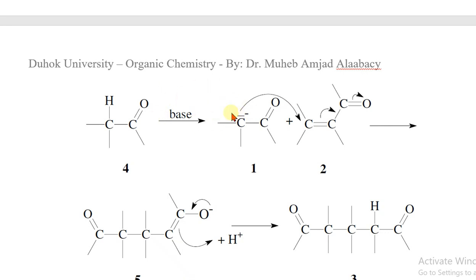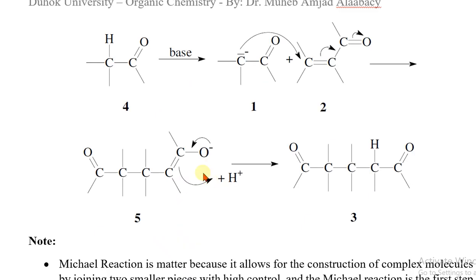The carbanion 1 is added to this carbon of the alpha-beta unsaturated compound, and this pi bond makes a double bond here, and the pi bond between carbon and oxygen opens to the oxygen, and the oxygen bears a negative charge. Finally, the negative charge makes a double bond, and this double bond opens to take a proton from the solvent.